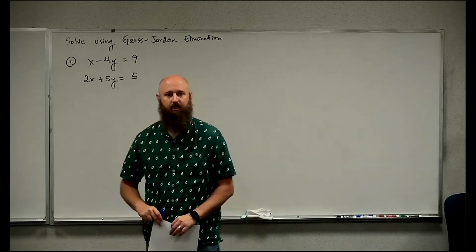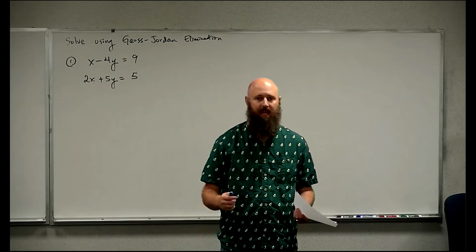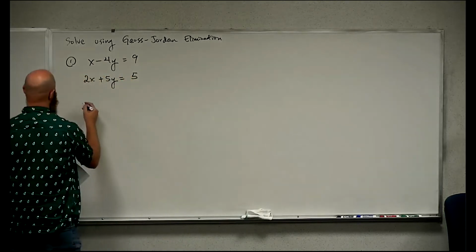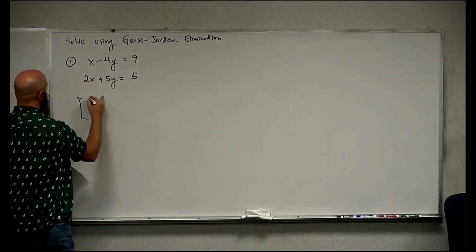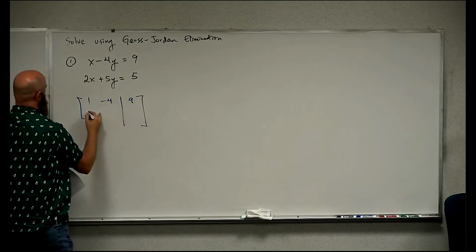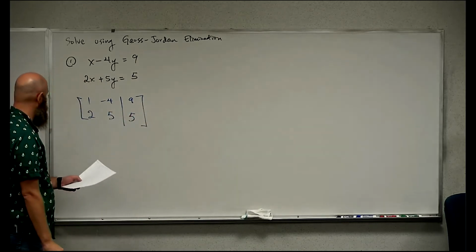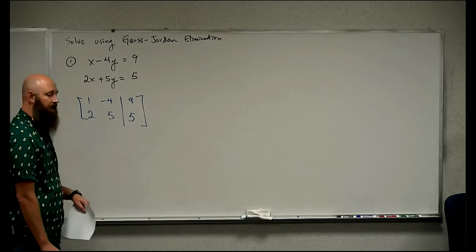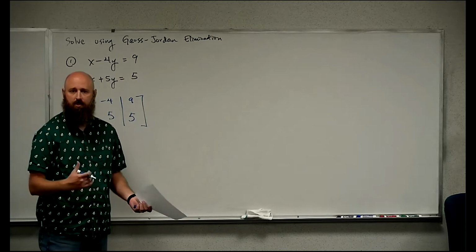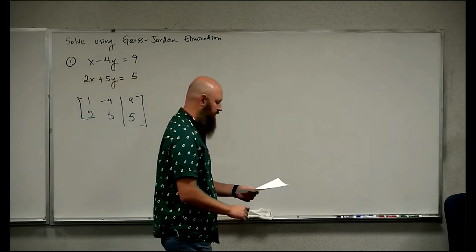The first thing that we need to do when we're going to do Gauss-Jordan elimination is to set up our augmented matrix. Okay. So let's do that. This needs to be rewritten. 1, -4, 9, and then 2, 5, and 5. Okay. Now you got to be patient. It's a little bit of a tedious process, and you got to just do things over and over again, and that's fine. Okay, but we have to make sure that we're doing those pieces.